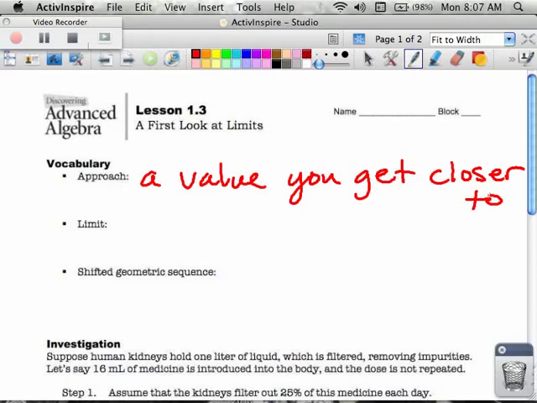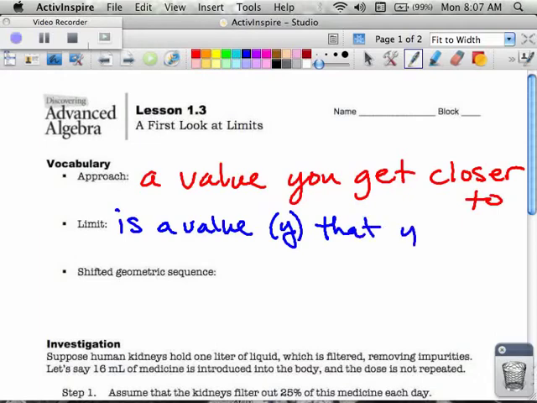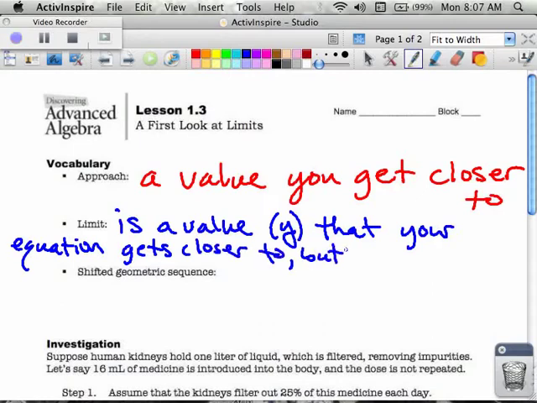And the limit is a value, usually we talk about it as a y value, that your equation gets closer to but usually never reaches.